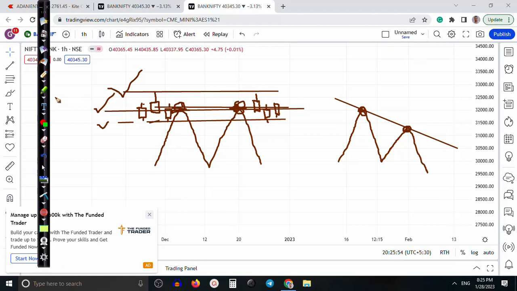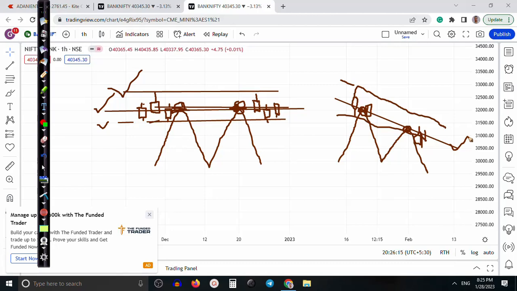So here also let me explain. This is a candle, it's a swing point, and another is a swing point, and another here is a swing point. Like that they are forming. This line is also applicable, and this line is also applicable.